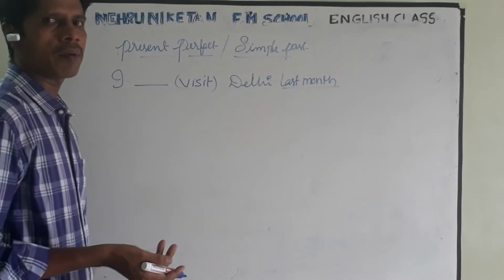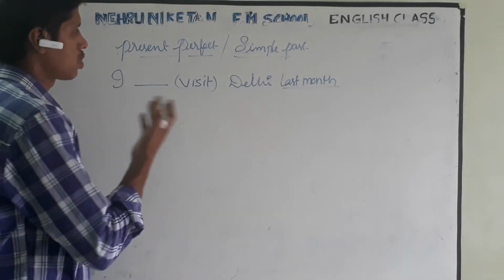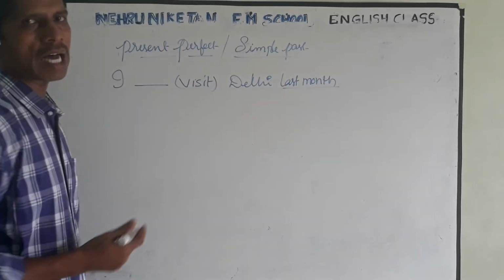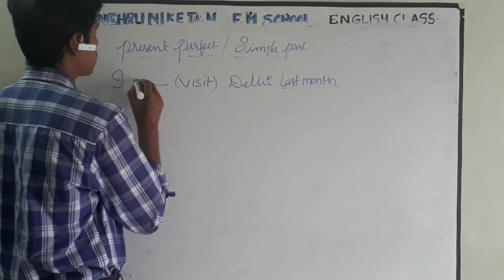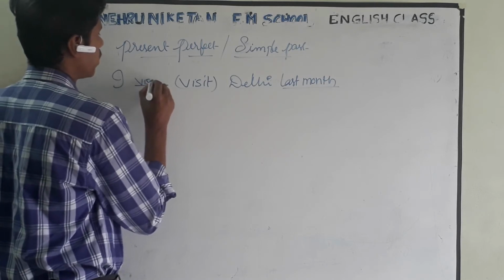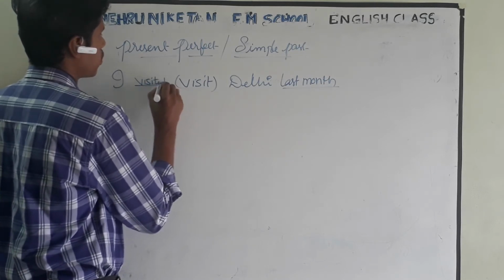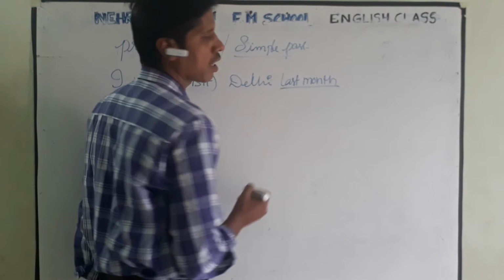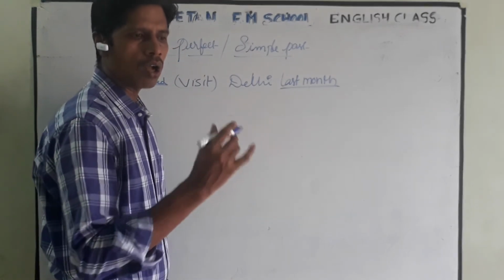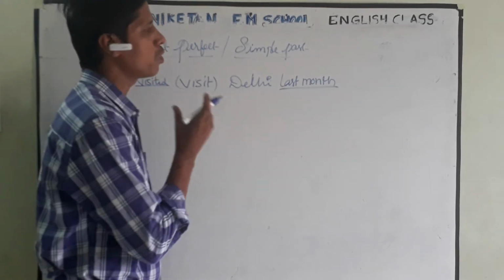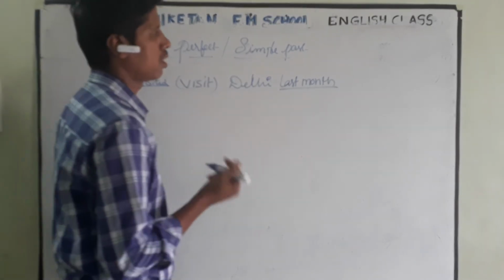Now we are in the month of January. So the visit is already past, over. That's why the verb form changes into visited. So remember, this is last month, last year, yesterday, the previous year. All these indicate the simple past tense.